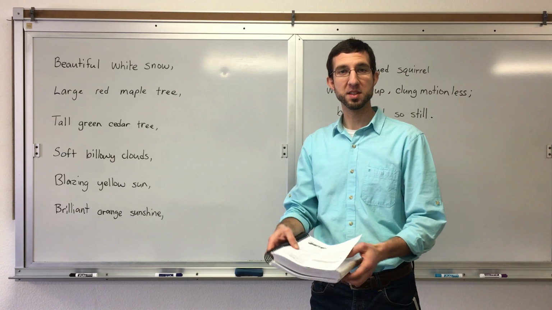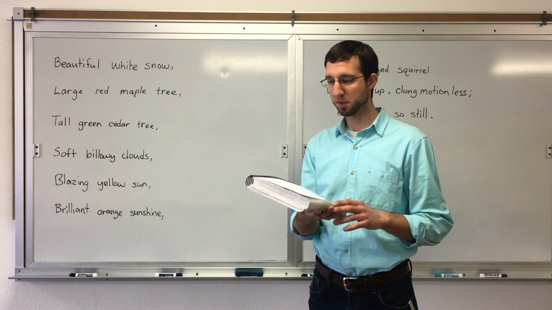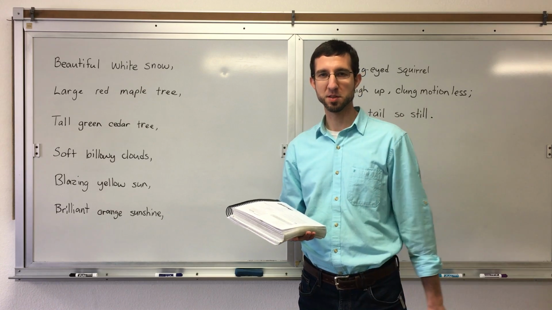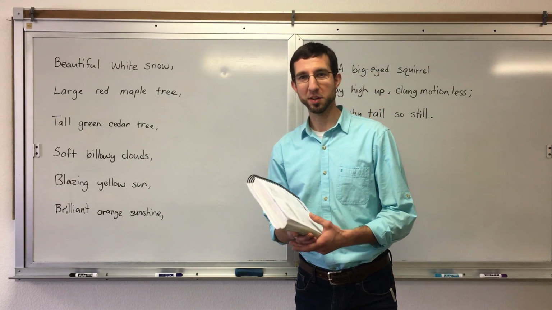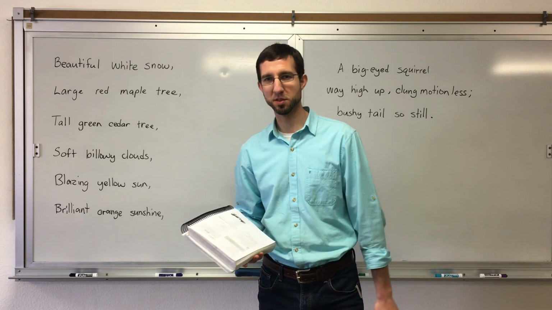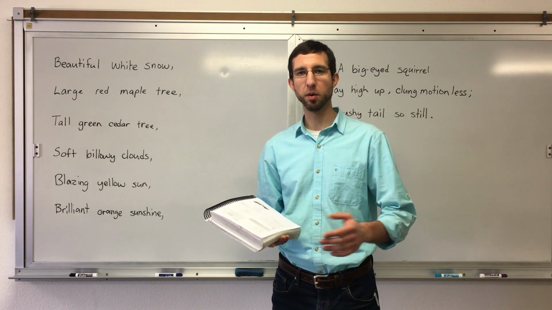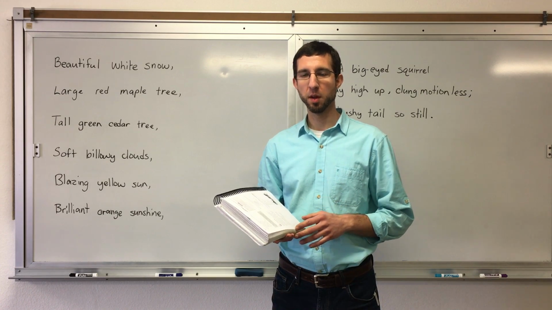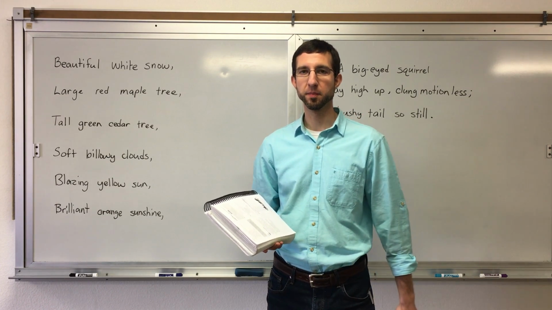All right, let's talk about the second part of today's lesson, and that is limericks. Limericks are humorous poems, and they sound more like a poem than haikus because they have rhyming lines.